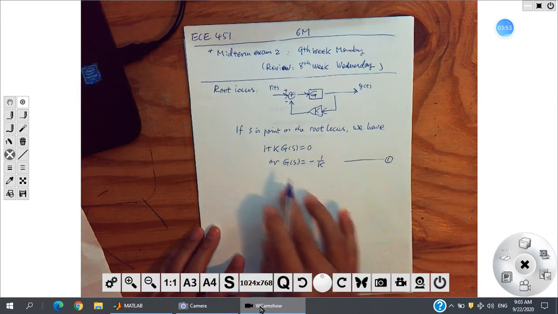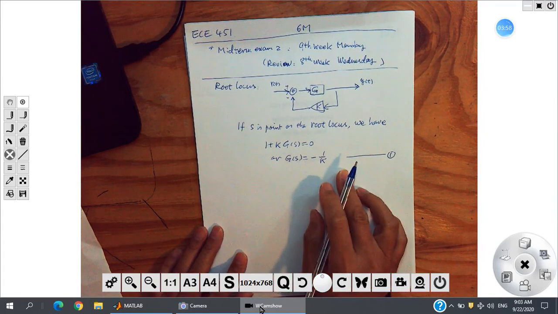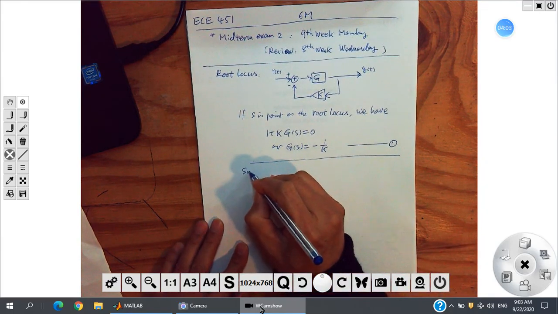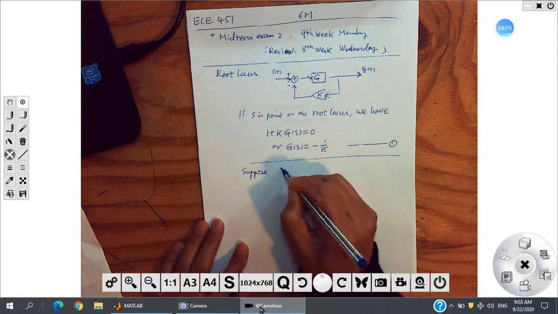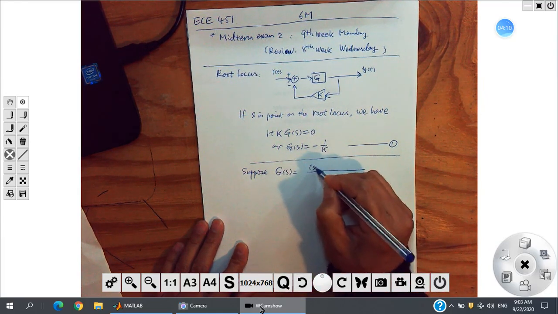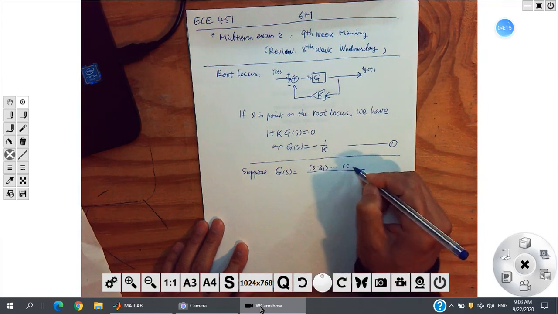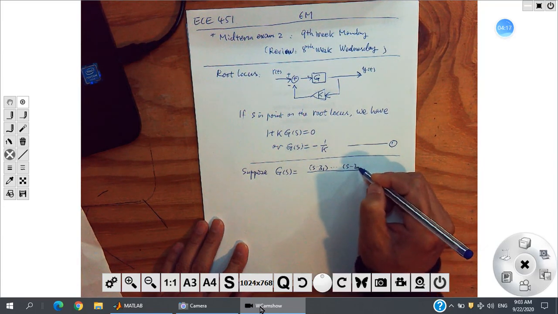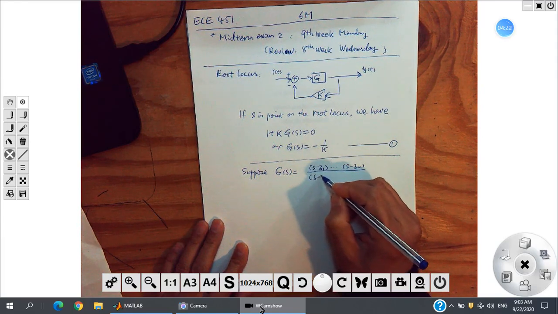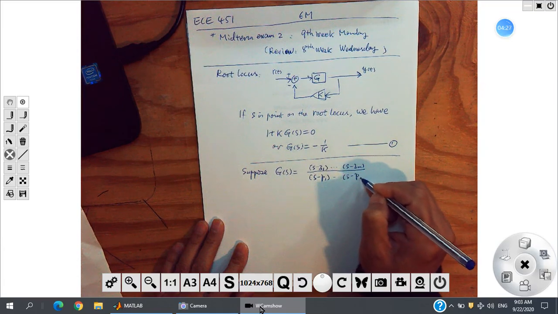Actually, for the departure problem, for the angle problem, we need this. And for convenience, we suppose g of s equals (s minus z1) times until (s minus zm), suppose m zeros, divided by (s minus p1) until (s minus pn), suppose n poles.